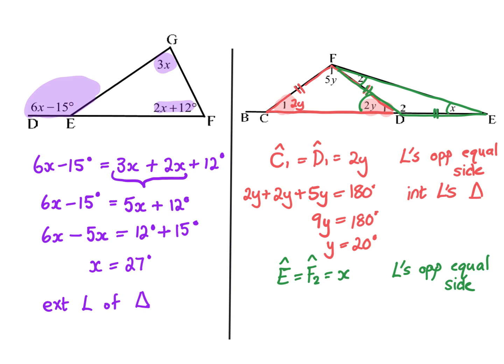Now I can say that 2y equals x plus the other x, because remember this one over here is also x because they are the same. So if 2y is equal to 2x, it means that y is equal to x. And that means it's equal to 20 degrees. My reason here is exterior angle of triangle.